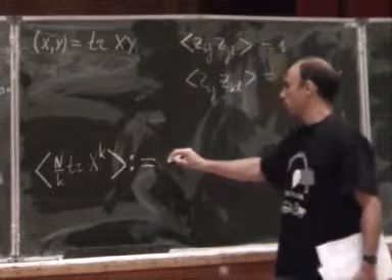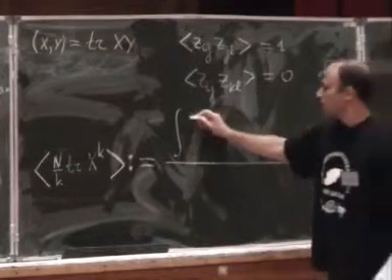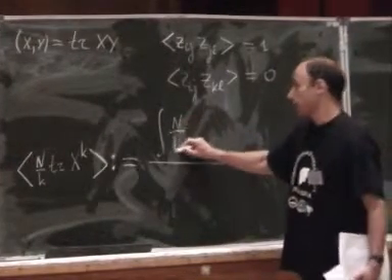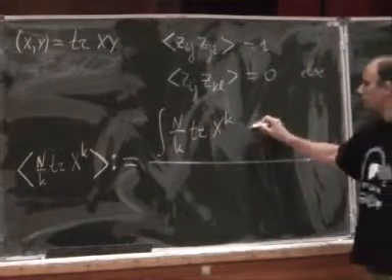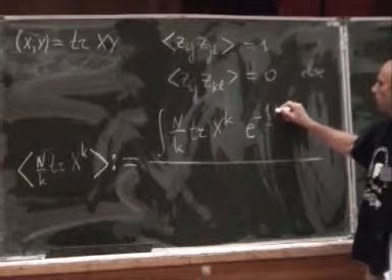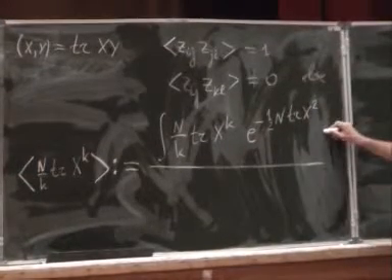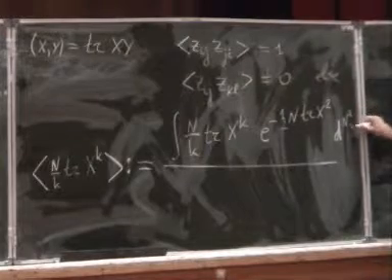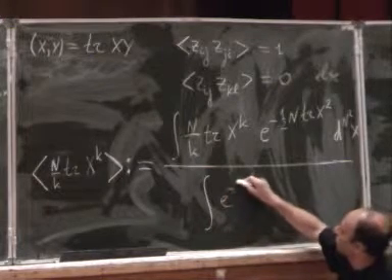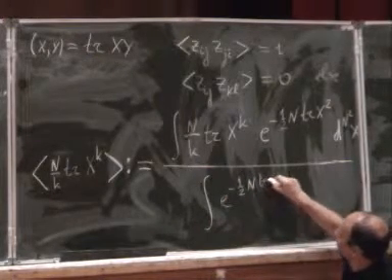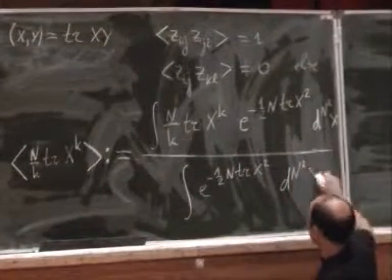And I recall the definition. It's a quotient of two integrals. The first is n over k trace x to the power k, e to the power minus 1/2 n trace x squared, d n squared x, divided by the integral of e to the power minus 1/2 n trace x squared, d n squared x.